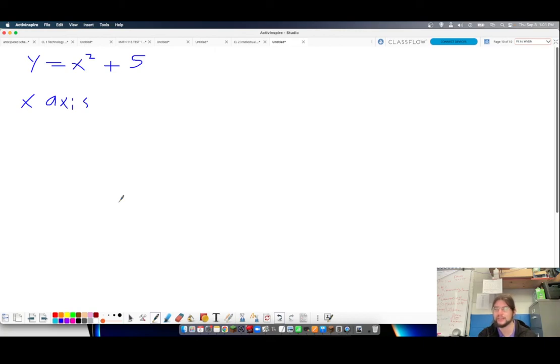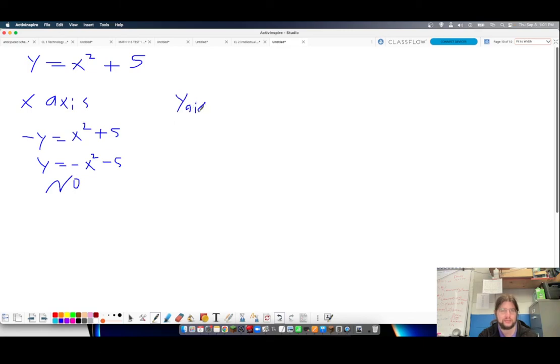To see if it's symmetric to the x-axis, you replace y with negative y. Solve for y. It is not the same as the original, so that's a no.